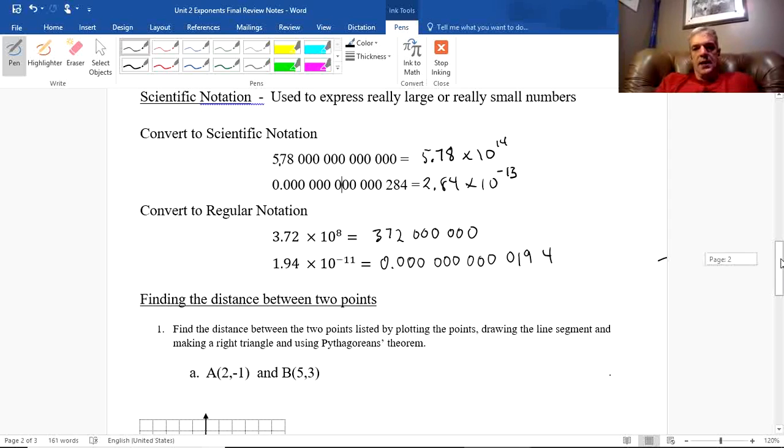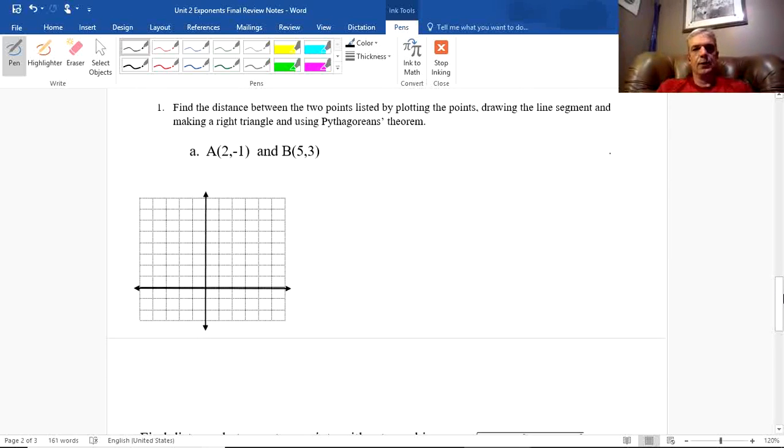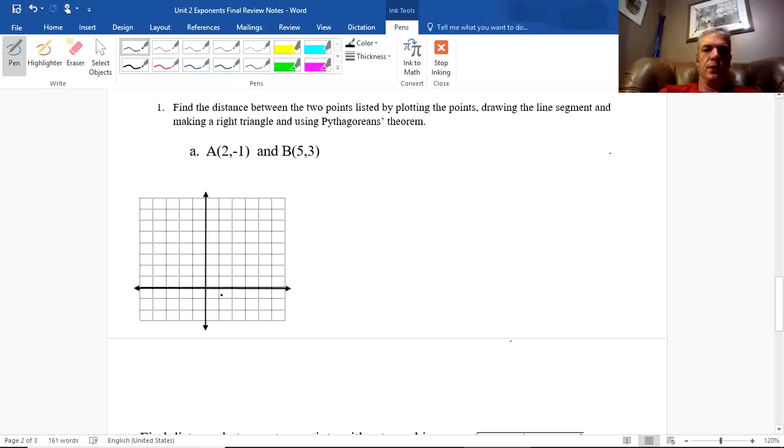And then we went to finding the distance between 2 points, which was the last sort of unit in this particular last lesson in this unit. Okay, so the first thing I want to do in this particular case is plot my points. So A is 2, 1, 2, down 1.